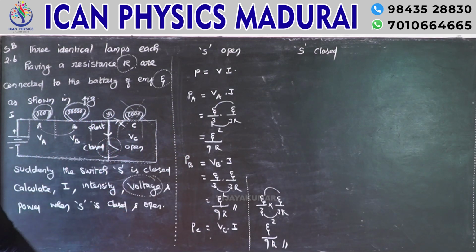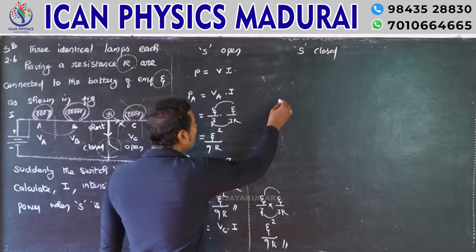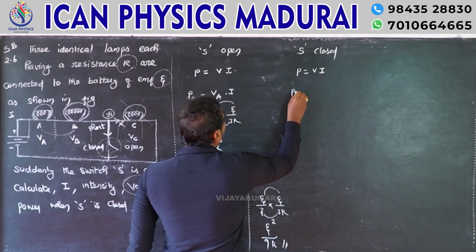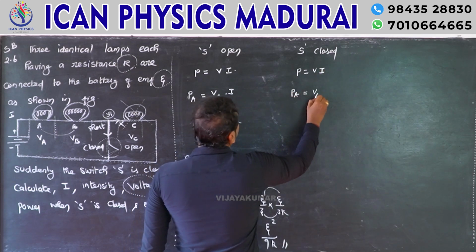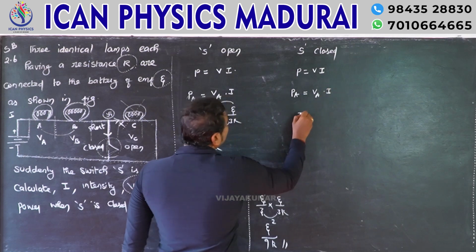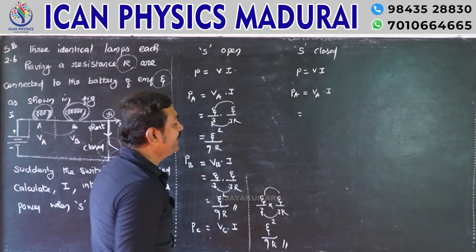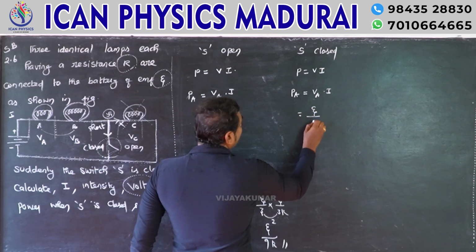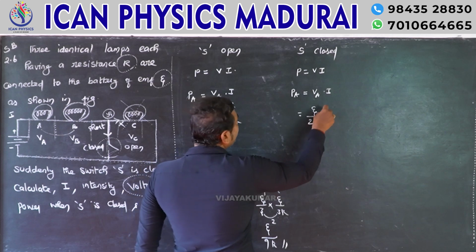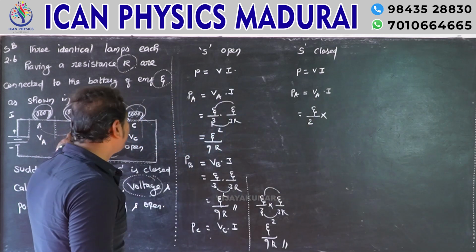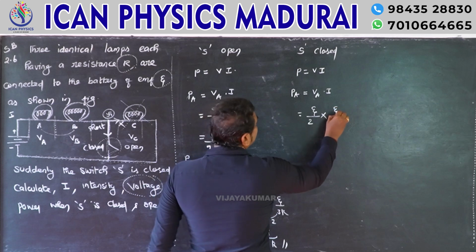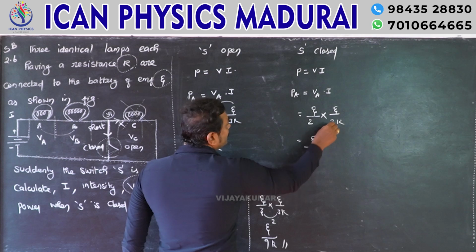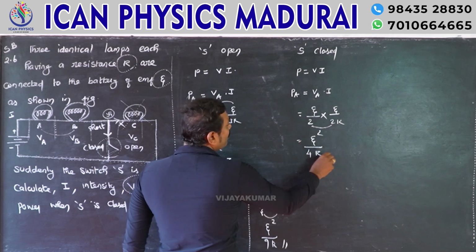Then when the switch is closed, once again power equals VI. Power through the first one is VA into I. VA is the voltage drop across the first one, ψ/2, into the current through the first, ψ/2R. So ψ squared, 2 twos are 4, 4R.